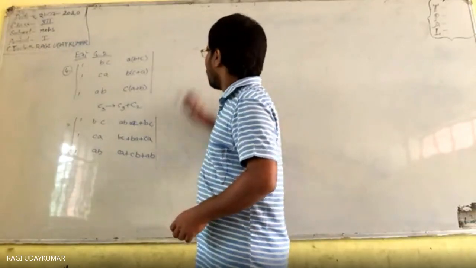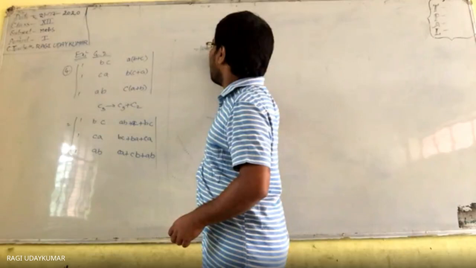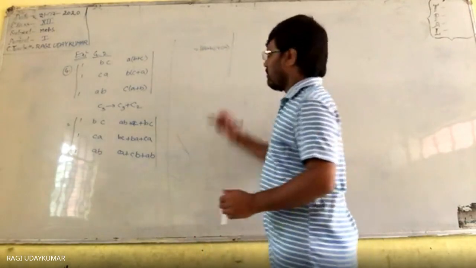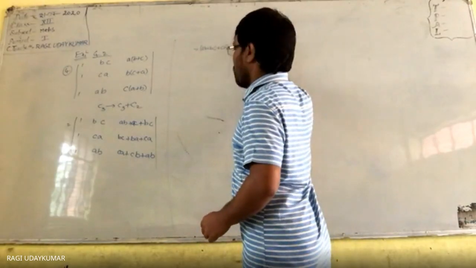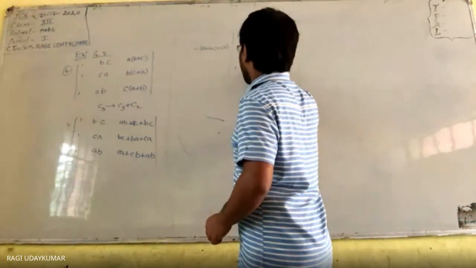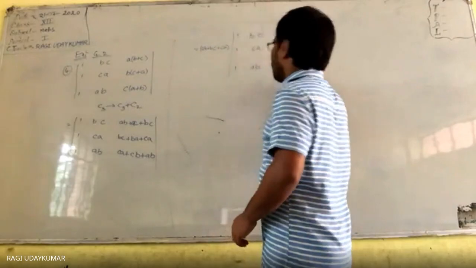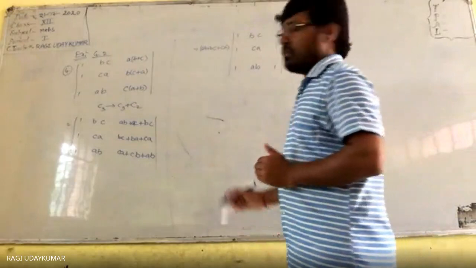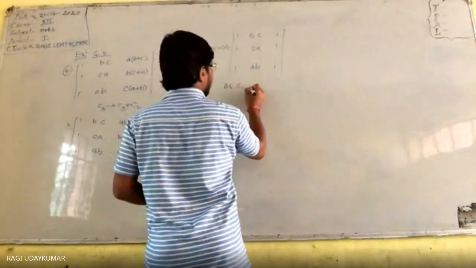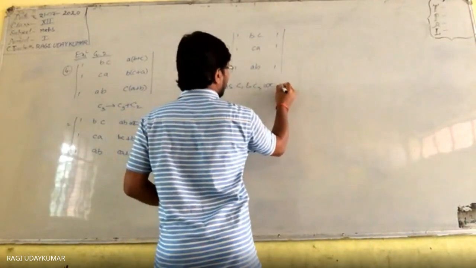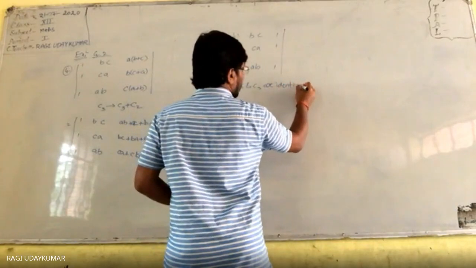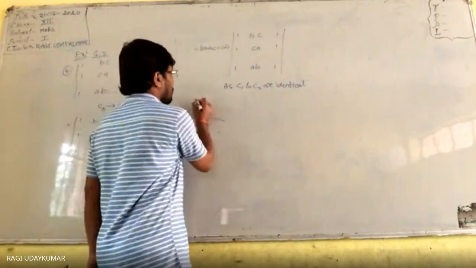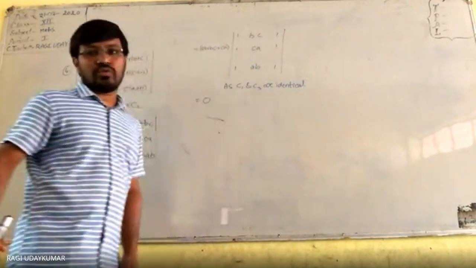So what do you get here if you take it like that? AB plus BC plus CA will come out. Then this is 1, 1, 1, BC, CA, AB, and this is also 1, 1. As the first column and third column are identical, as C1 and C3 are identical, the determinant will be equal to 0.